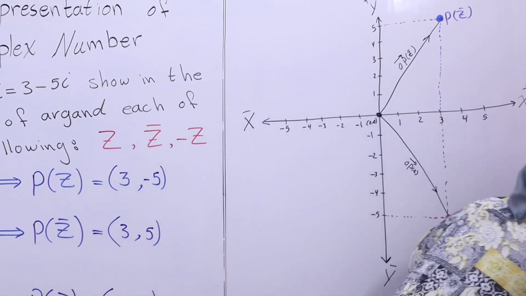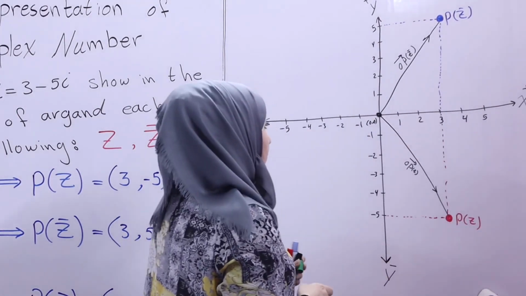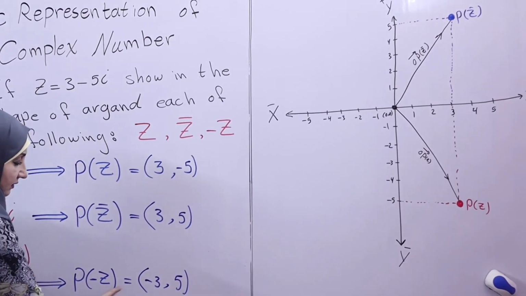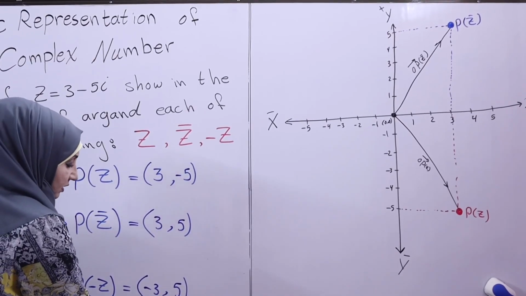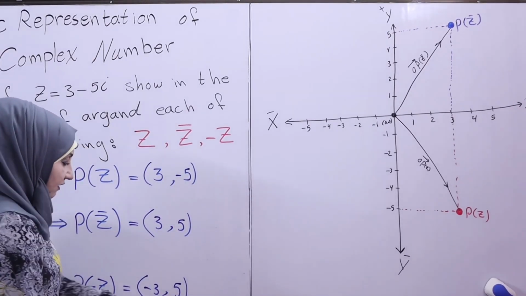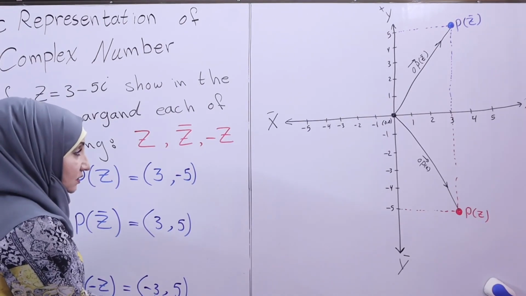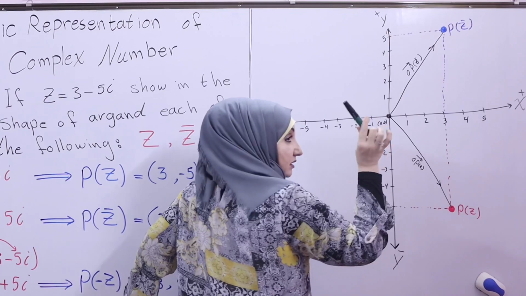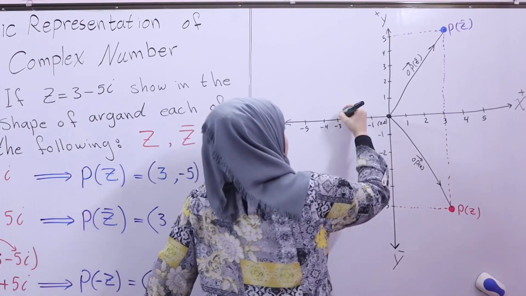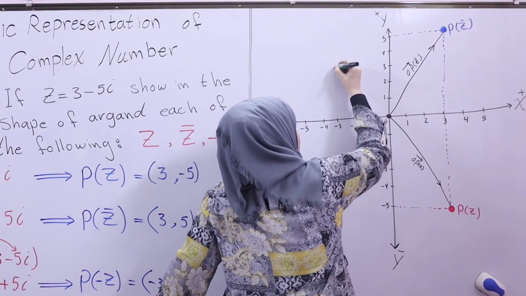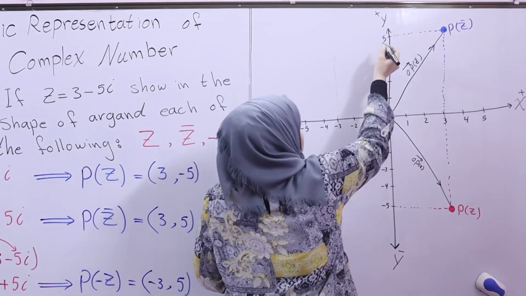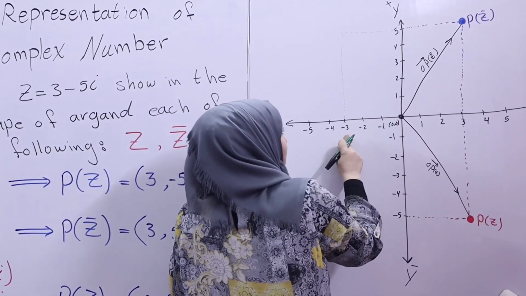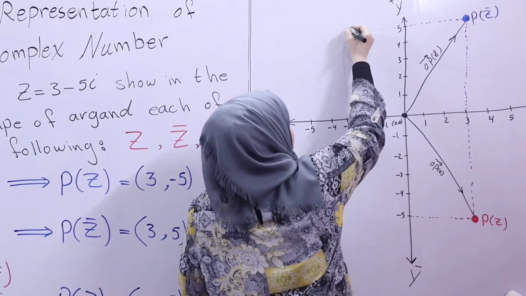And now we want to represent the third point, P of negative z, whose ordered pair is negative 3, 5. So the x coordinate is negative 3, and the y coordinate is positive 5. I will represent it in green.